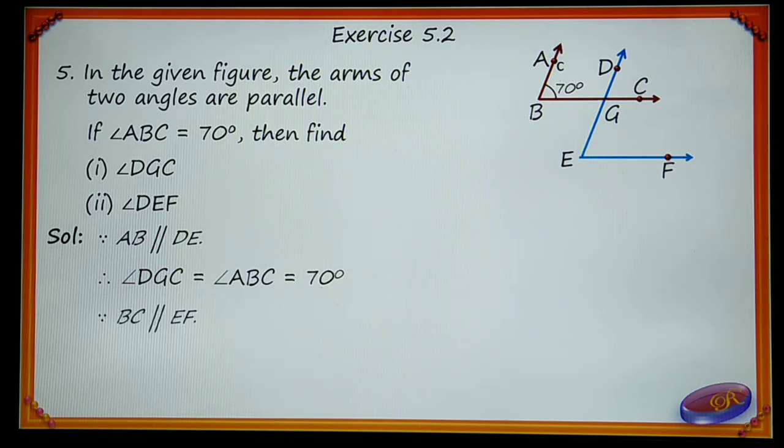Since BC is parallel to EF, therefore angle DGC is equal to angle DEF.